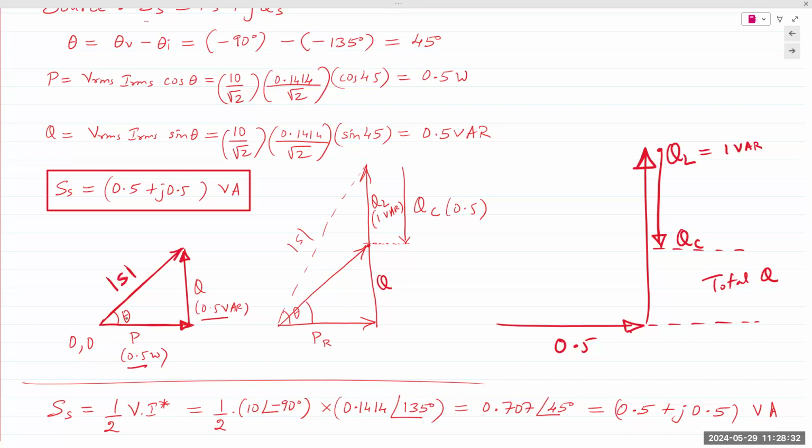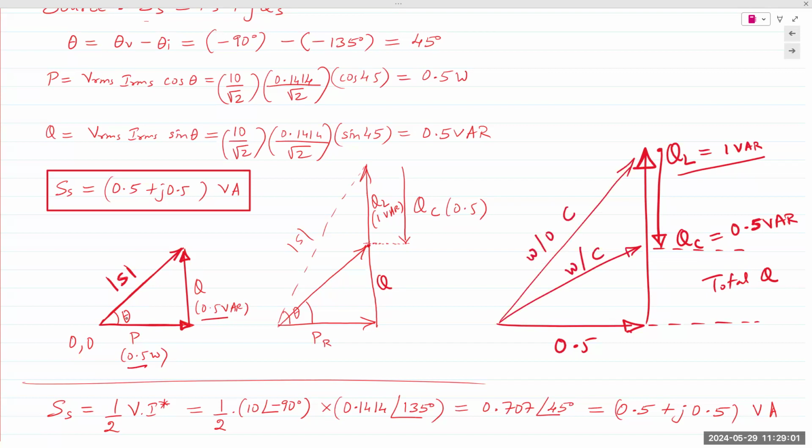QL required is 1 VAR. QC required is only 0.5 VAR. So it brings down the total required reactive power from the source from 1 VAR down to 0.5. So this is without the capacitor. This is with the capacitor.